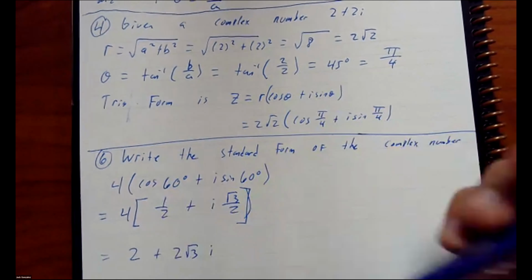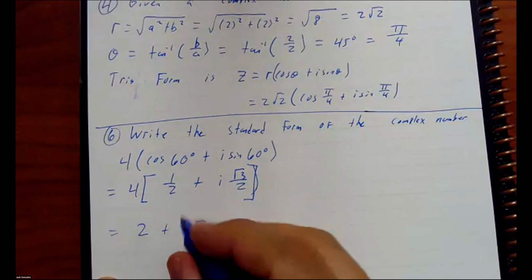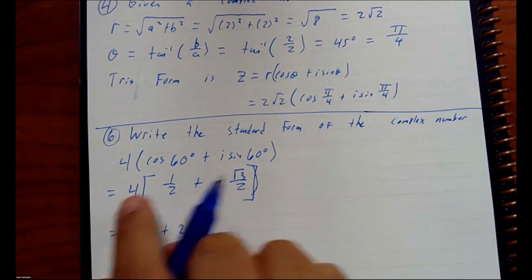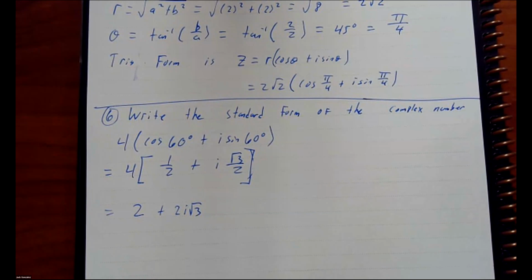It doesn't matter where you put the I, but they seem to put it here. But you guys see the cancellation of the 2's, right? Any questions on 4 and 6 so far?